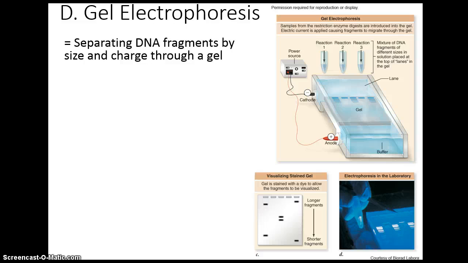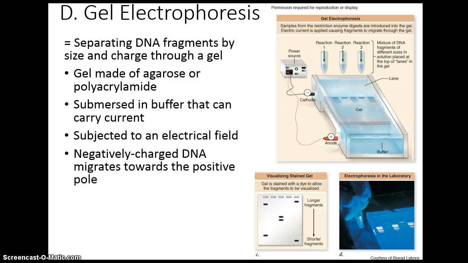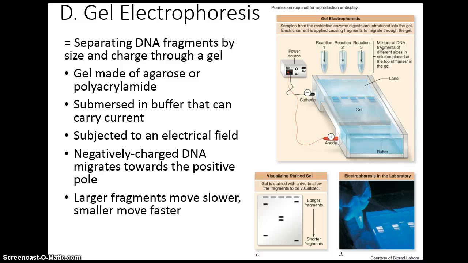So we have experience with gel electrophoresis, which separates DNA, or in lab we separated proteins, based on their charge and size. They go through a gel made of agarose or polyacrylamide, submerged in a buffer that can relay the current. We turn the power source on, which creates the current, making a positive and a negative end, and the negatively charged DNA or proteins or RNA will migrate towards the positive pole.